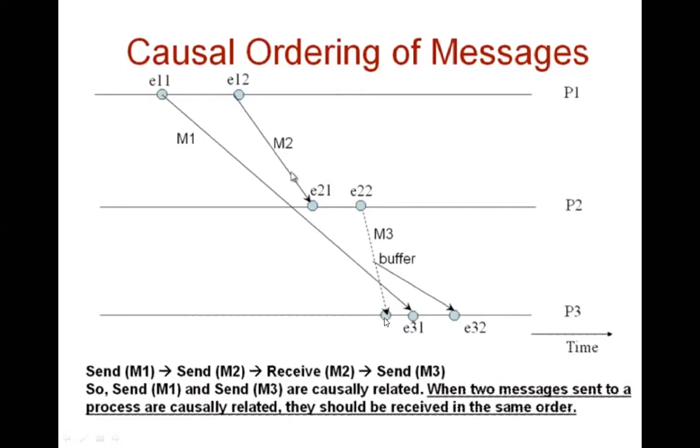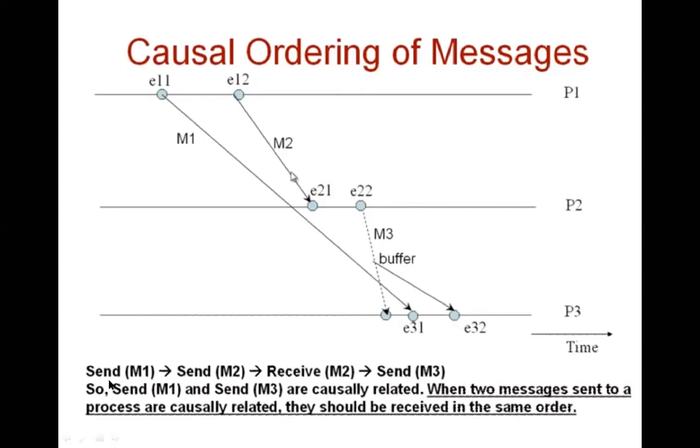But the causal relationship says that any message which has been meant for a particular process and has been the cause of the event which happened before that, must be received first. So M3 will be buffered till M1 is received. And when M1 is received, only then will M3 be received.